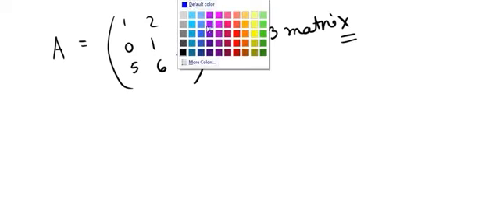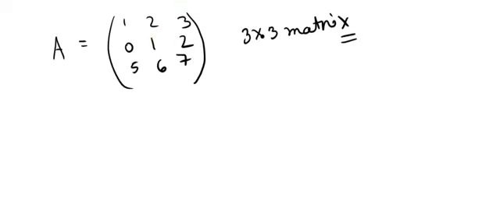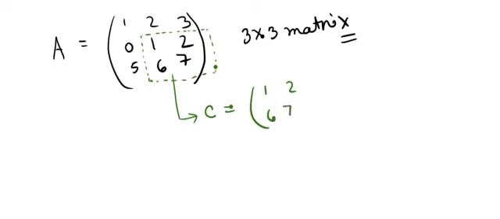And now if I take a part, let's say I want to have this part cut out, and I want to write it as some other matrix, let's call it C, and I'm writing it as 1, 2, 6, 7. This kind of matrix, that is the C, will form a vector space of its own, and this A forms a vector space of its own. So you can say that all these blocks you can make out of here will form a subspace of these 3 cross 3 matrices.